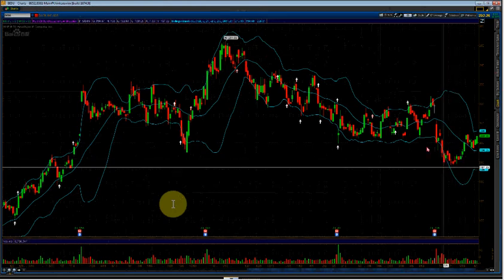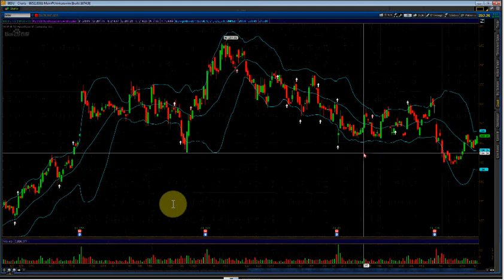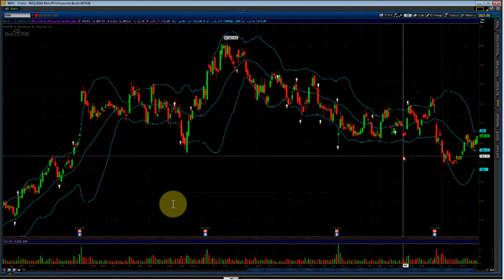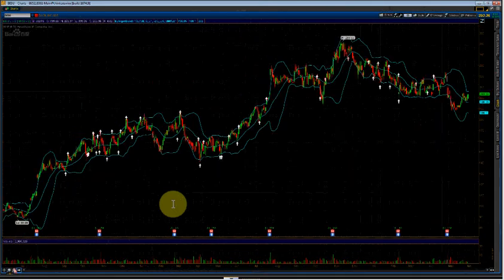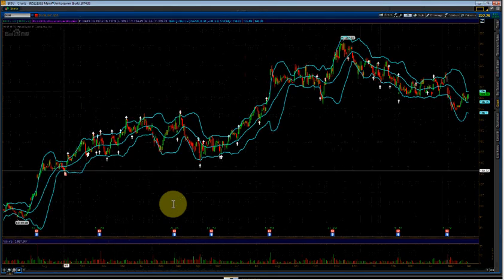Well, we're actually using the 21 setting on the Bollinger Band because on this chart, let me ask you this. Anybody that's been here since we started, and we just picked a random point, it was right here.